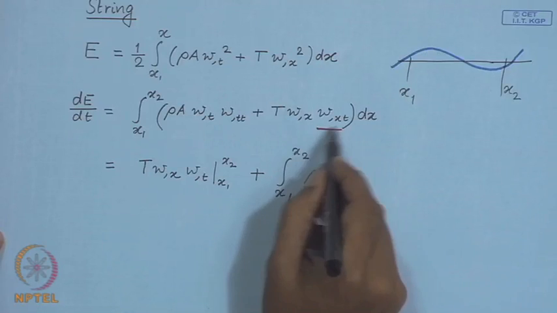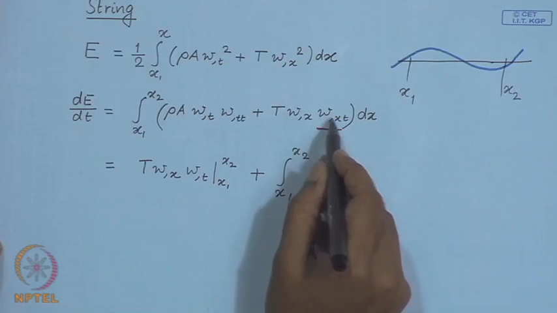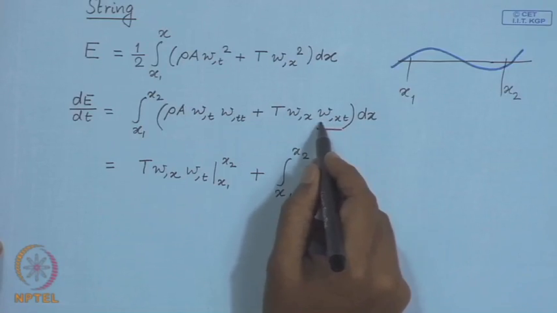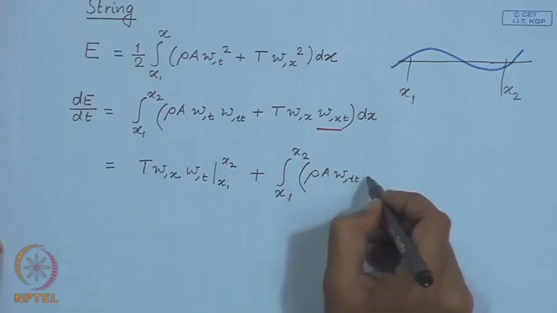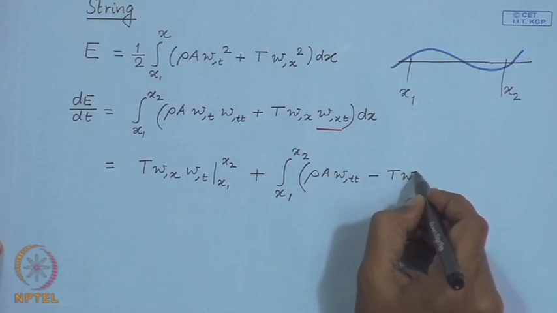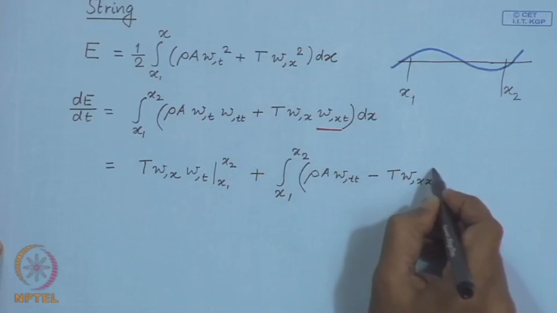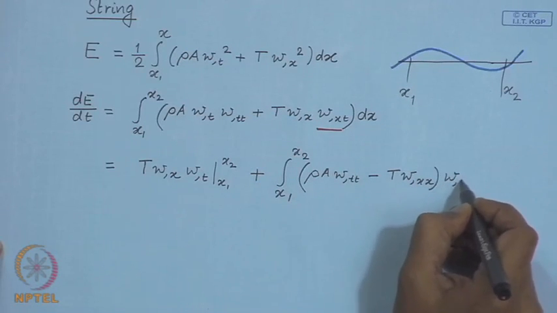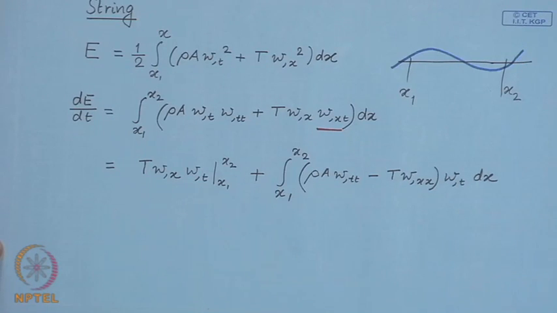Now when we do the spatial integral of this function, I will have a del w del t here, and I also have a del w del t which I can take outside, and there will be a negative sign, and the spatial derivative of this function, that is what we have.